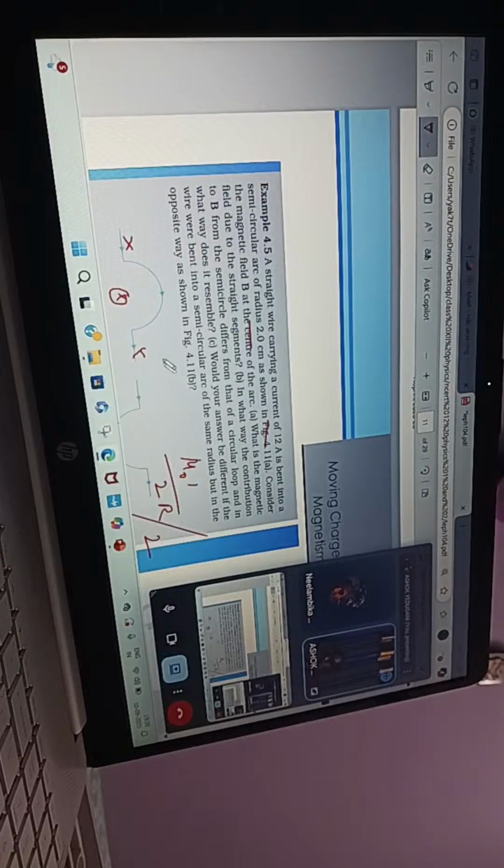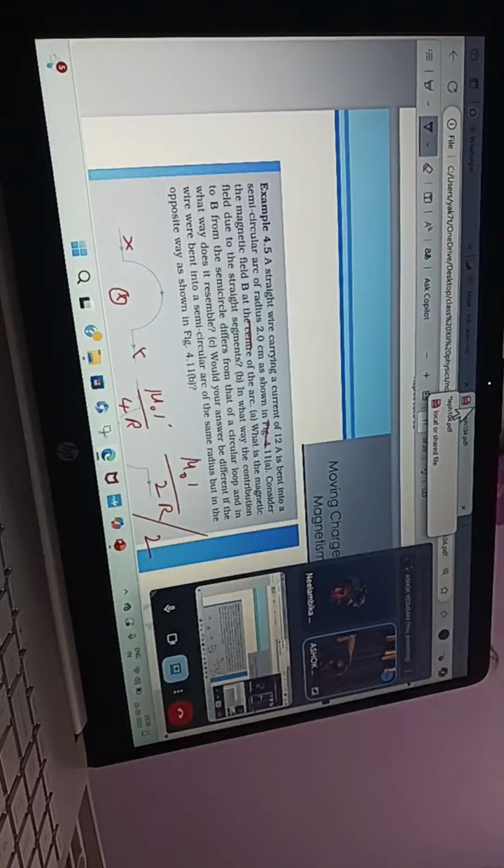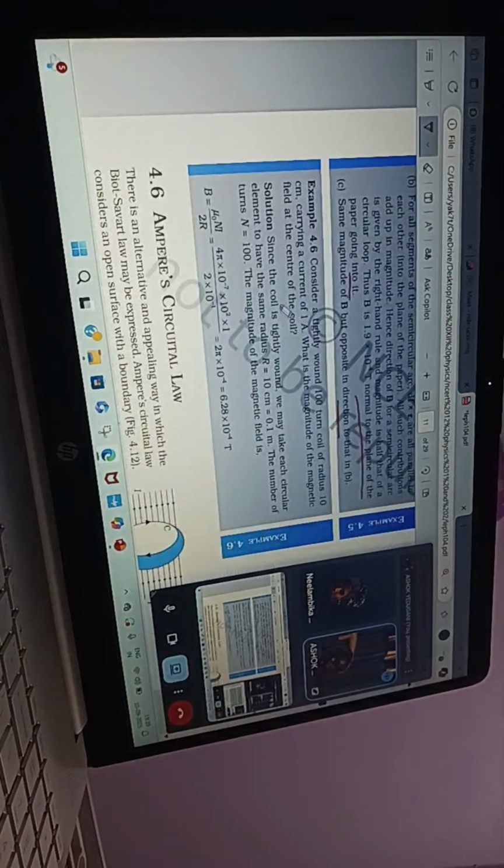Why half? Only half circle. So you will get mu naught I by 4r. This is the answer. Yes, sir. I is given, R is given. Why 4? Because you know.